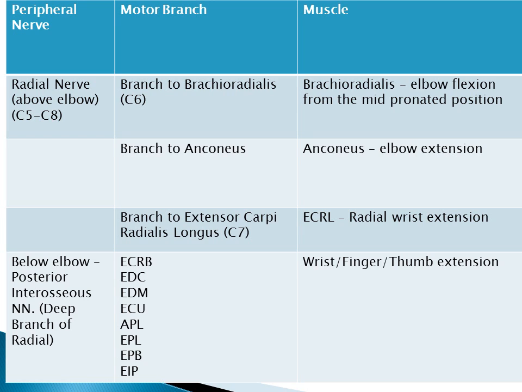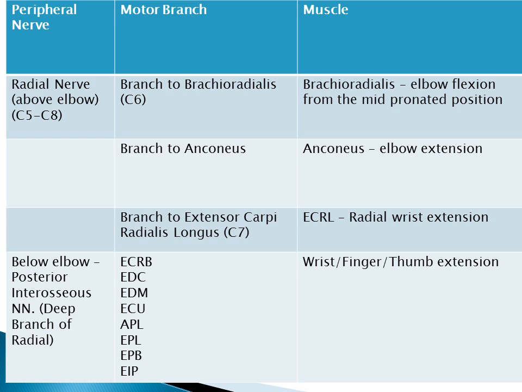And the radial nerve sends off some branches both above and below the elbow. These are the locations where the radial nerve can become trapped. Now, above the elbow, the radial nerve sends off a branch to the brachioradialis, and this is largely a branch comprised of fibers from the C6 nerve root.